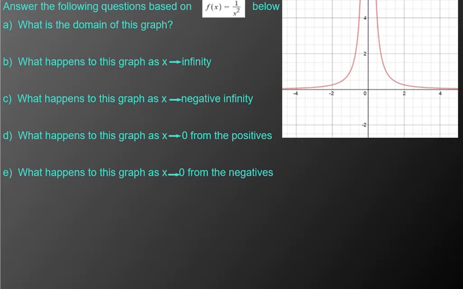So a very similar graph is 1 over x squared. Before we had 1 over x, and if you're squaring the x numbers, any of these negatives would get squared and they would sort of pop up right here. And so we get something that's very similar to 1 over x.